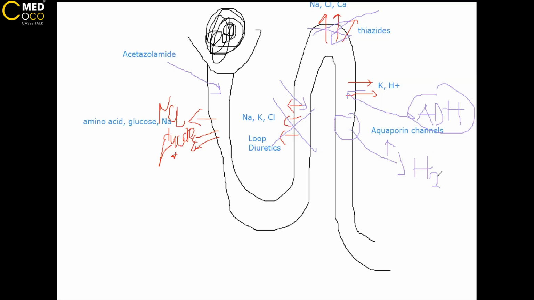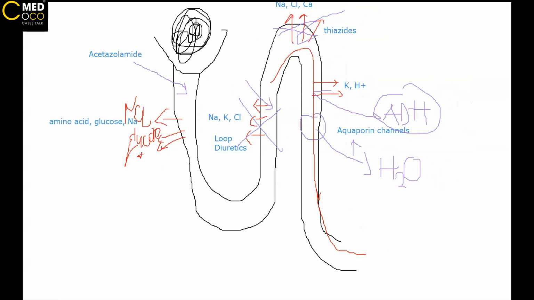Everything else goes to here, but the water stays. So all of your salt goes out. That's why you have increased osmolarity down here. Okay, so that's it. Just a simple nephron basic picture.